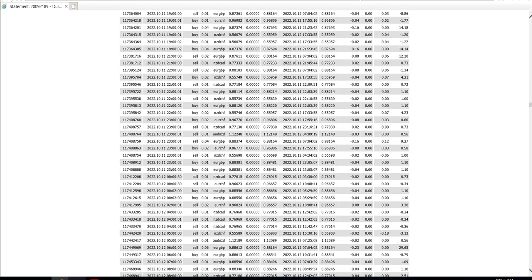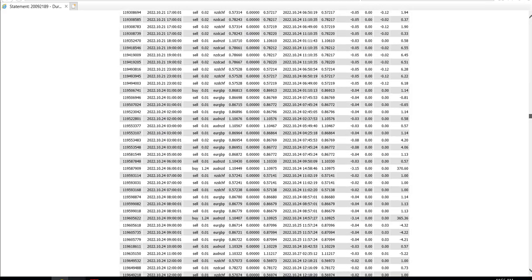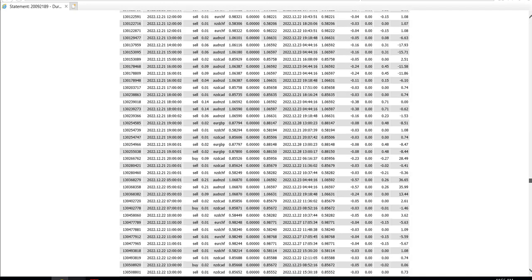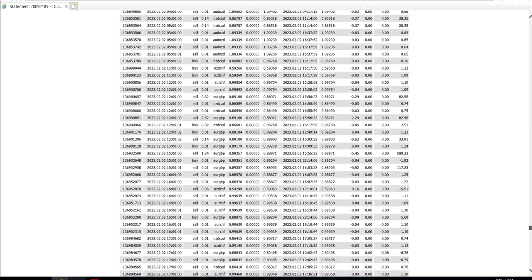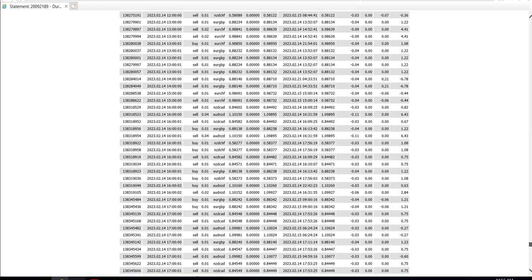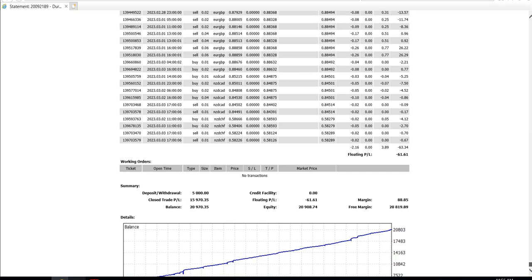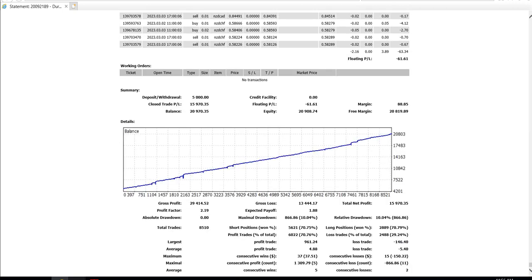You have seen the floating is around minus 61.61 right now, right? And you can see the profit factor, the expected payoff, the drawdown and each and everything over here.